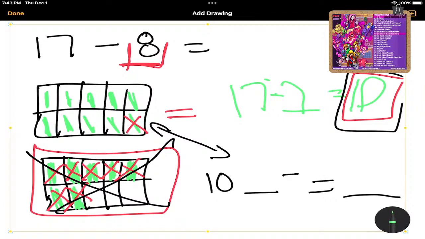So what goes in this square? Which number goes here? Why the 10? So let's do it again. 10 minus blank equals blank.